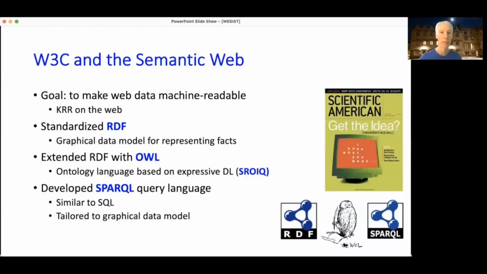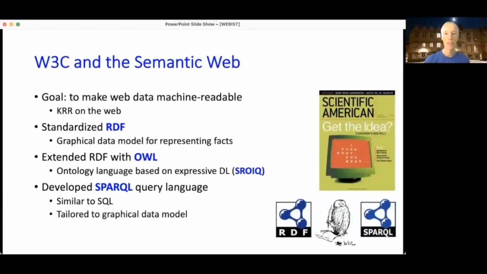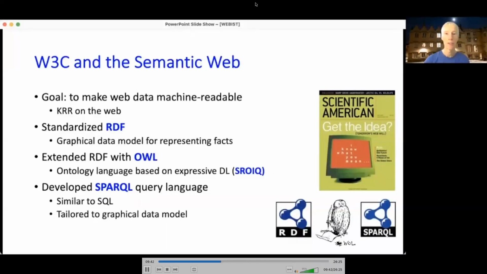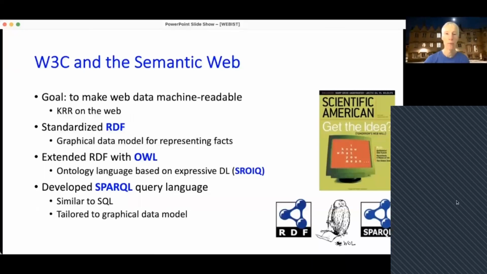Again, an OWL ontology can be seen simply as a set of SROIQ axioms, or what is often called a T-box in description logic. Finally, the W3C also developed SPARQL, a query language that is similar to SQL, but with various adaptations to suit the RDF graphical data model.